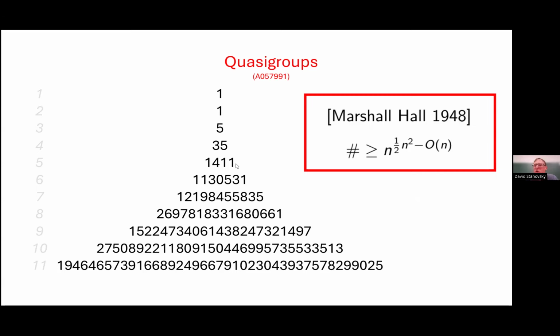I'm not sure that this is Marshall Hall's construction, but that's a way you can often construct a lot of quasi-groups. In groups, this kind of local change of the multiplication table is certainly not easy, and I think in some sense it's close to impossible.